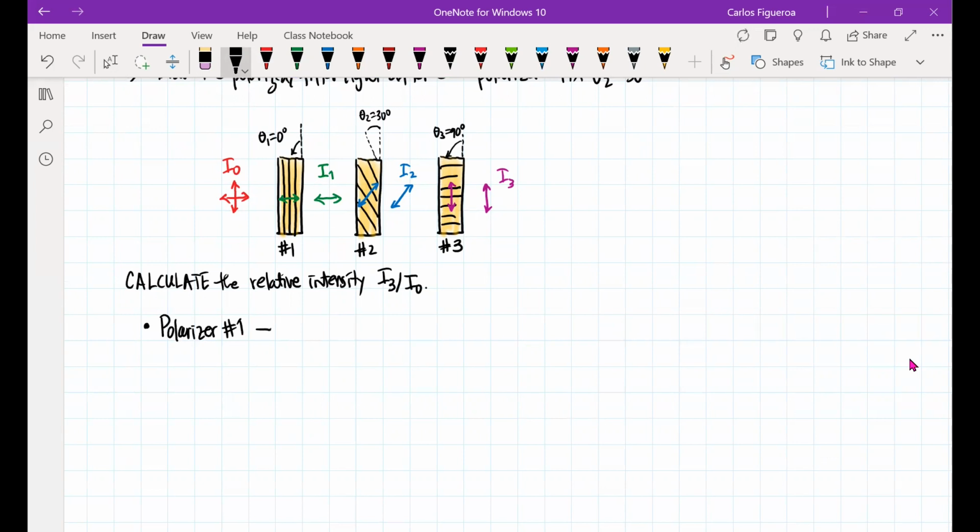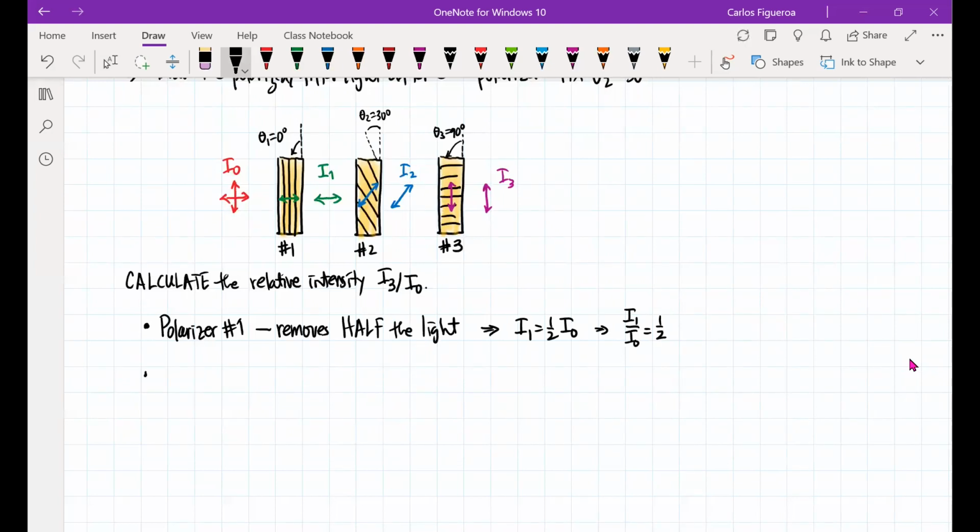What it does here is it removes half the light. So that tells me that the intensity I1 is 1/2 I0. But if I write this, it really tells me that I1 over I0 is equal to a 1/2 factor.